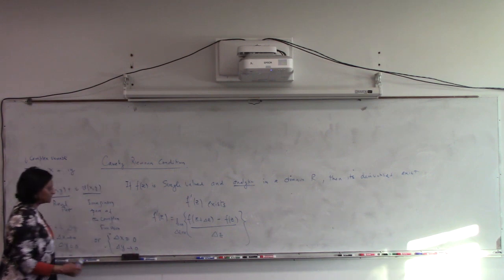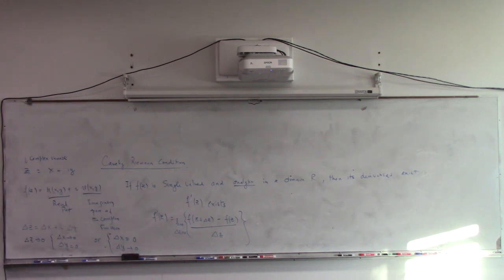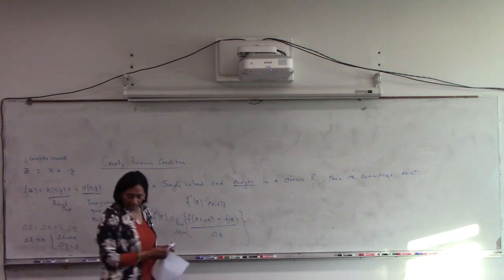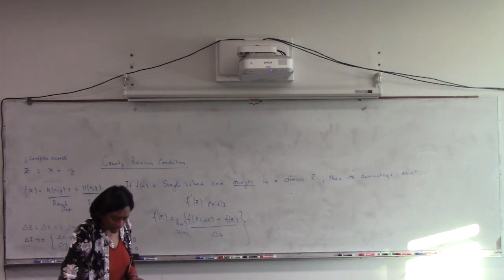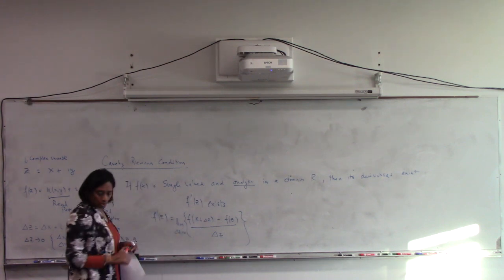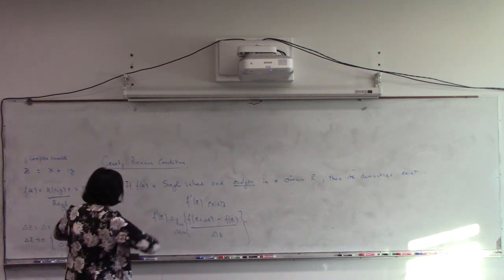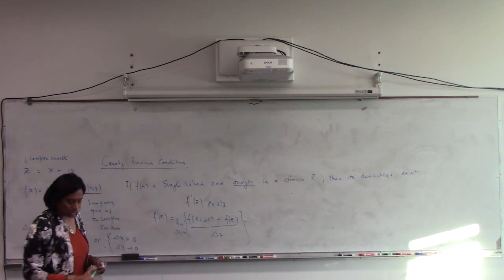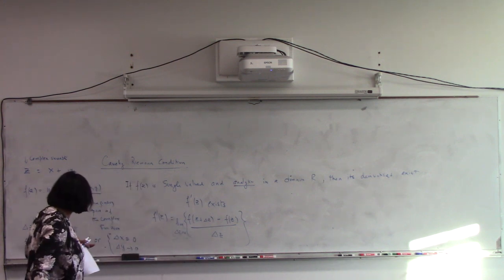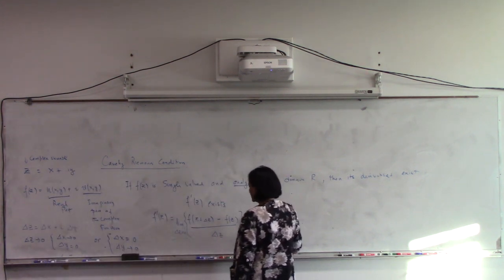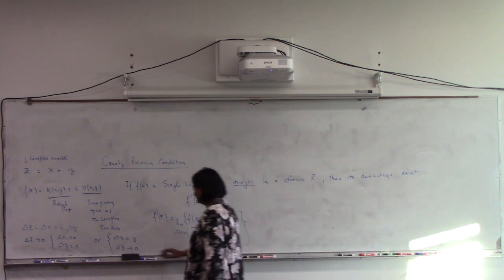Let's see if the derivative exists and is unique. How you take the limit should not matter. It should be identically the same. That will give us some condition on analyticity of a complex function. So what happens when you do the first limit? Let's call it case 1.